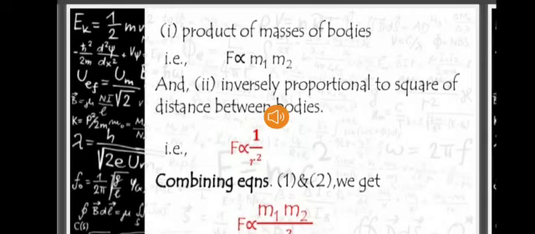So the universal gravitational constant is numerically equal to the force of attraction between two bodies of mass 1 kilogram each separated by a distance of 1 meter.